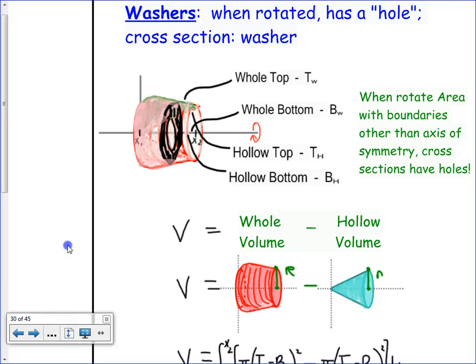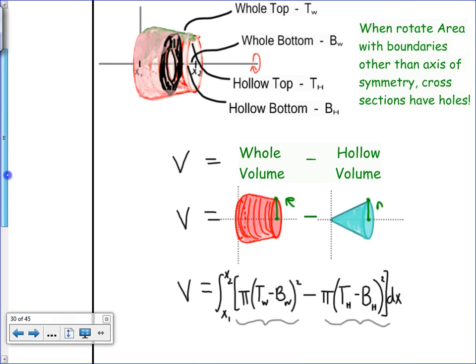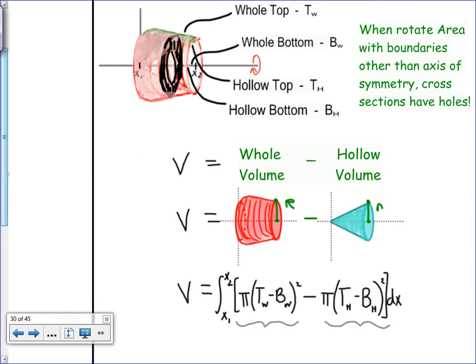Whole top, whole bottom, axis of revolution. That gets me my whole radius. Hollow top to hollow bottom gets me my hollow radius. So then I can plug those in. Radius is the whole top minus the whole bottom, and the hollow top minus the hollow bottom. Pi.